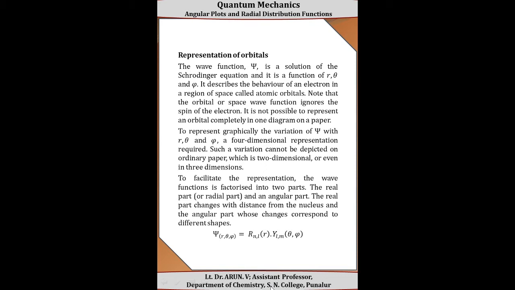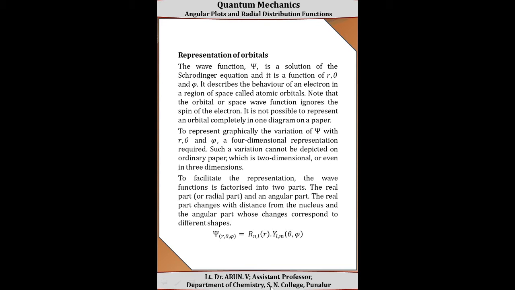To facilitate the representation of orbitals, the wave function psi(r, theta, phi) is factorized into two parts. The first one is the real part, also called the radial part, and the second one is the angular part.